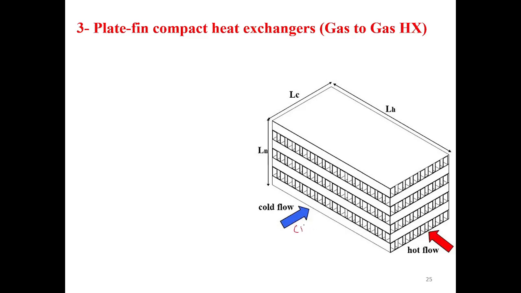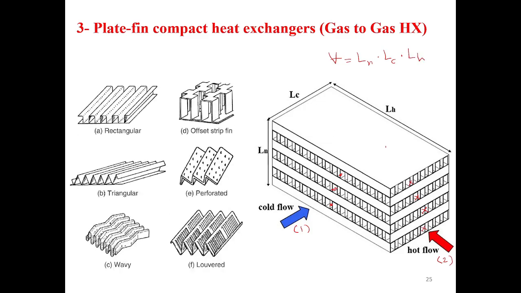Let's say this is side 1 and this is side 2, and the first fluid is going to enter in this spacing between the plates, and this one is going to enter in this spacing between the plates. The volume of the heat exchanger is going to be the multiplication of Ln times Lc times Lh, and the frontal area can be written as we're going to see later.